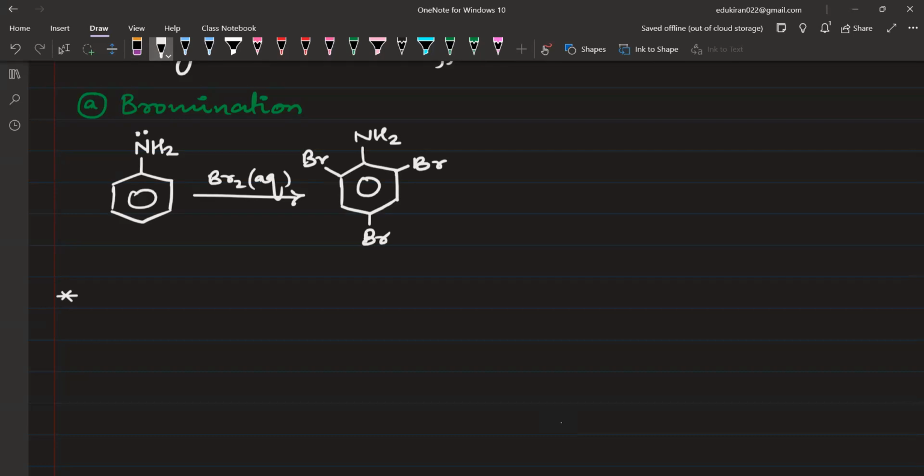Try to picture yourself in a lab. When you're adding bromine, it's not just two bromine atoms only. There will be millions of bromine atoms. Got it? Yeah. ठीक है.